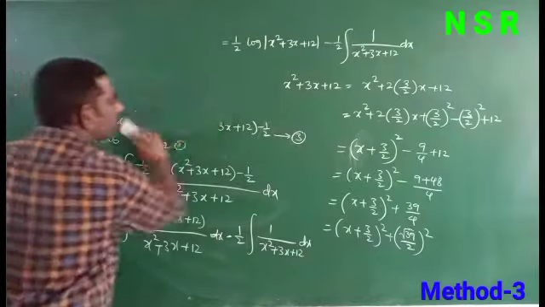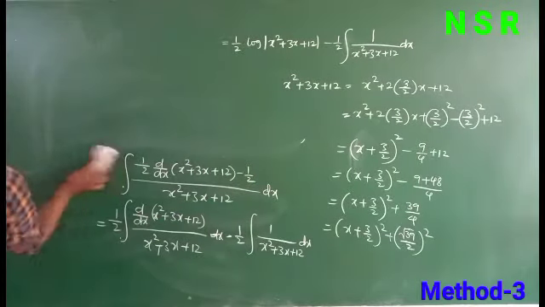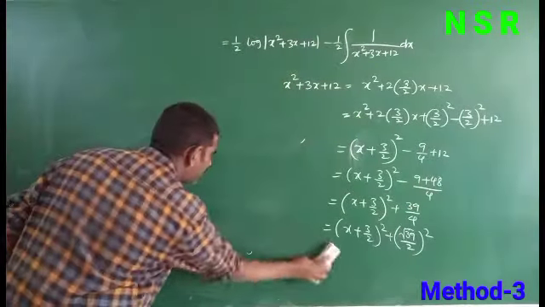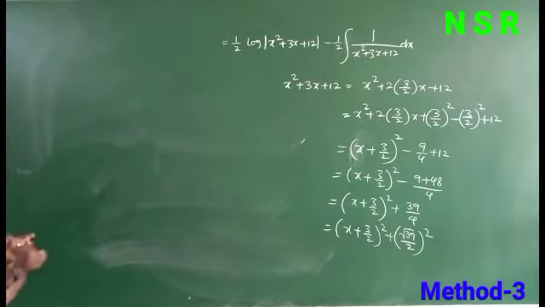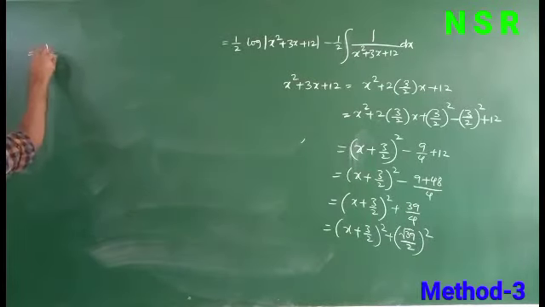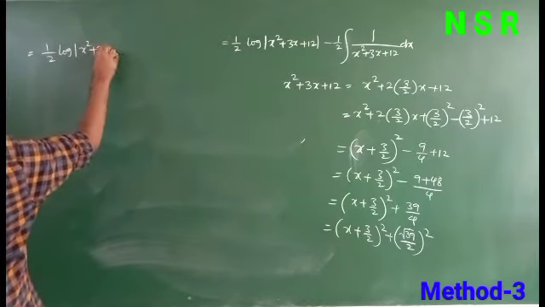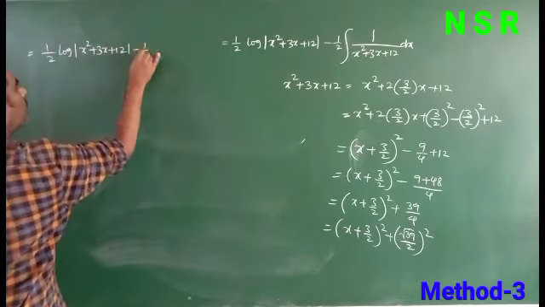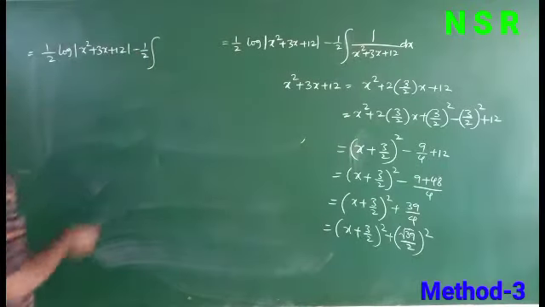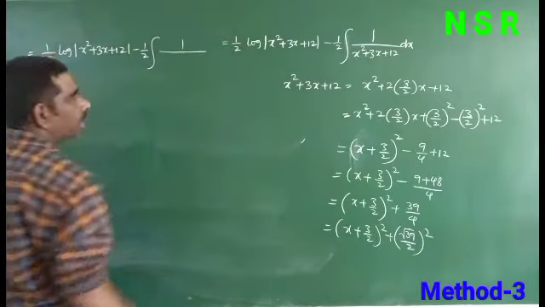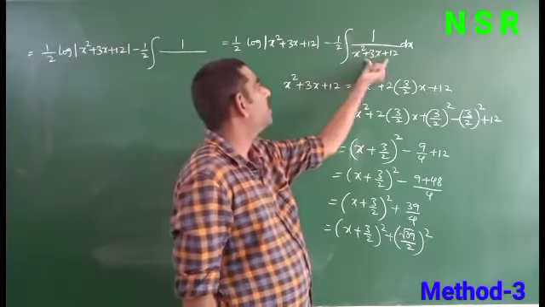So we get 1 by 2 log mod x square plus 3x plus 12, minus 1 by 2 into the integration of 1 by (x square plus 3x plus 12).